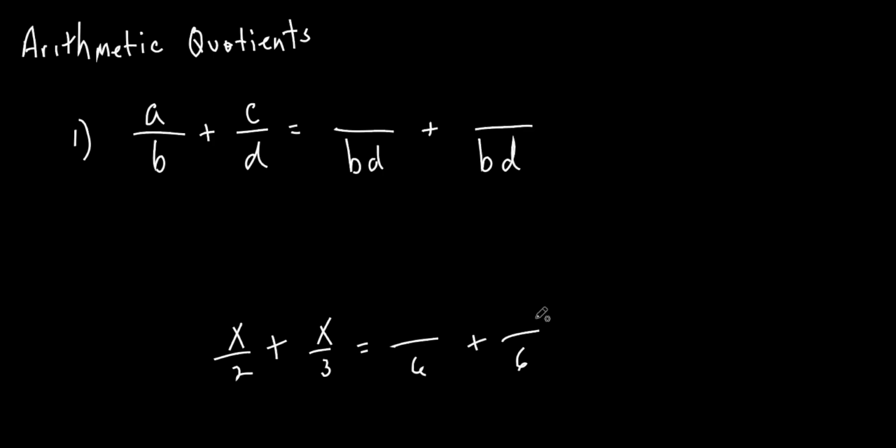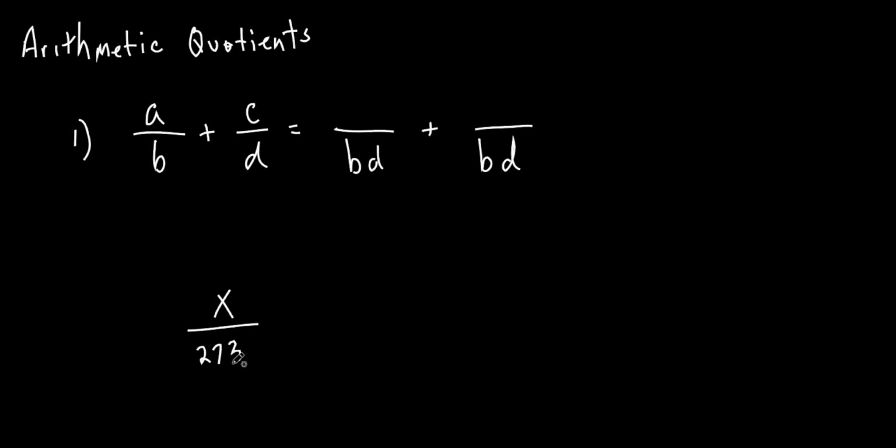Would you agree? What if you had weird numbers, let's say x over 273. We're not going to actually do this problem. It would be a mess. And if I had 507 or something weird like that, all right? How would you find a common denominator with both of those? It's not necessarily the smallest or the least common multiple, but how would you find a common denominator?